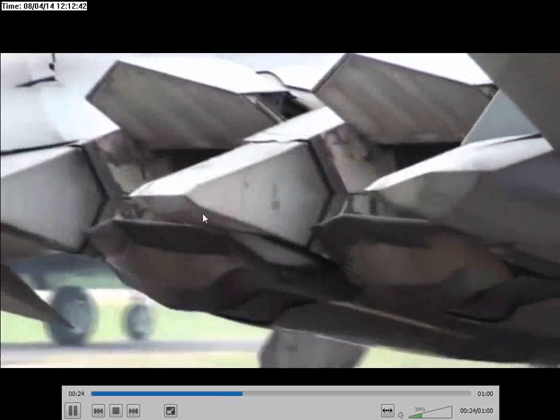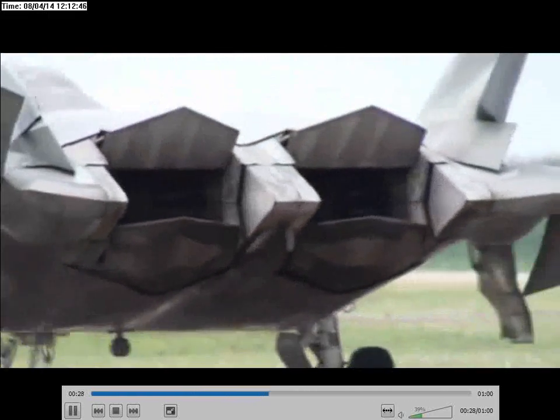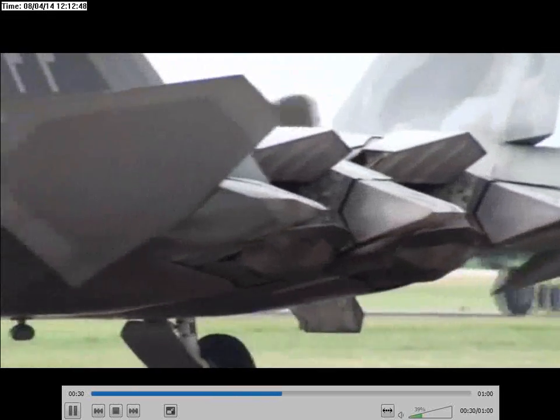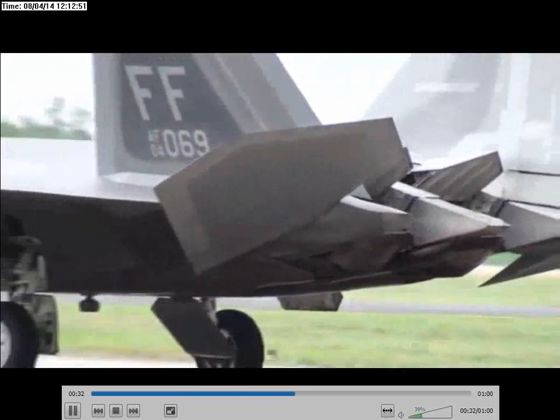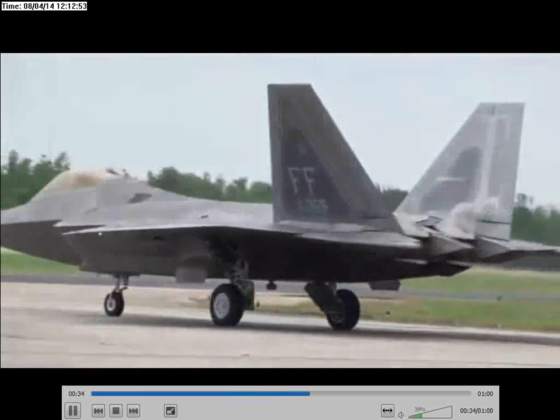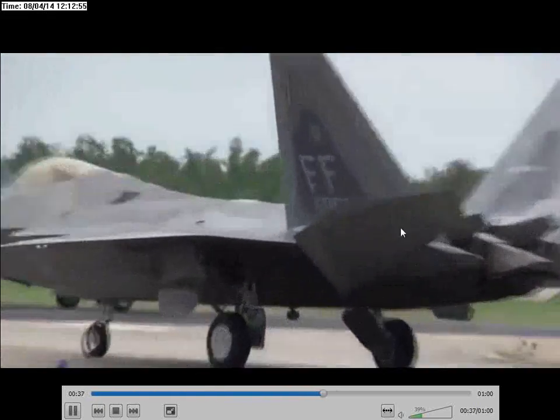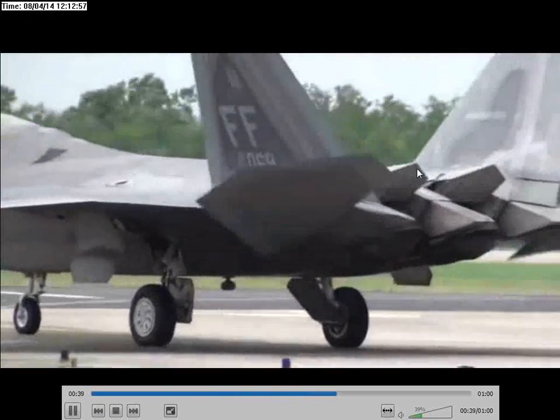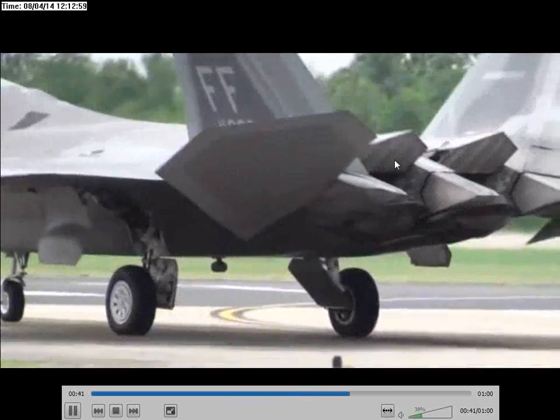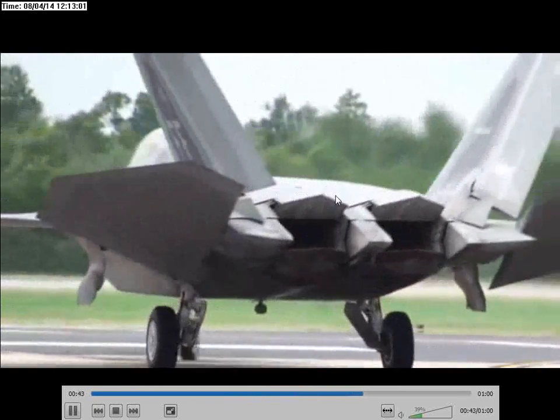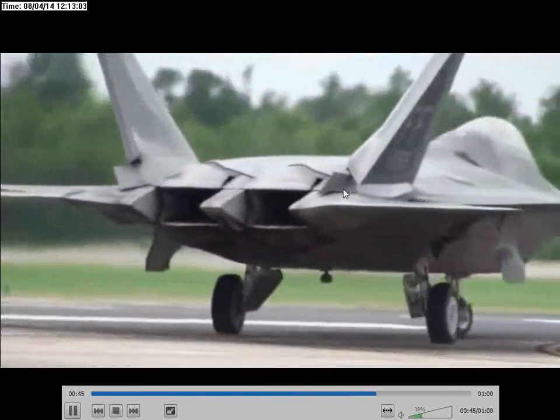So this is how he changes the direction of the thrust force. And it looks like they're connected, right? As the elevator moves, the nozzles move as well.